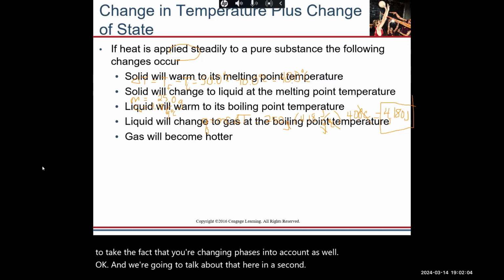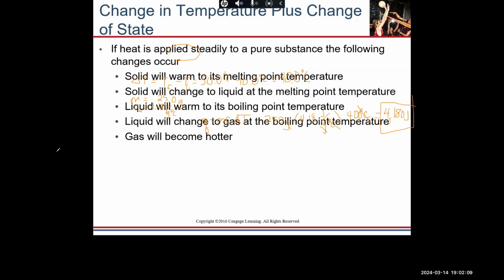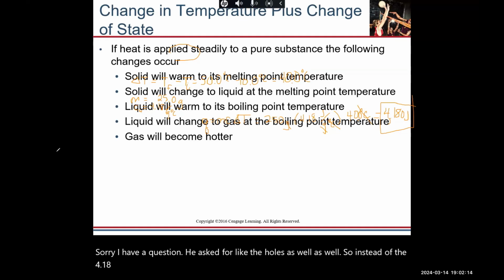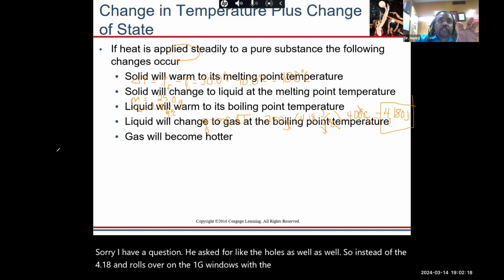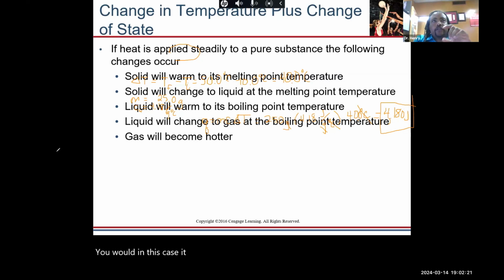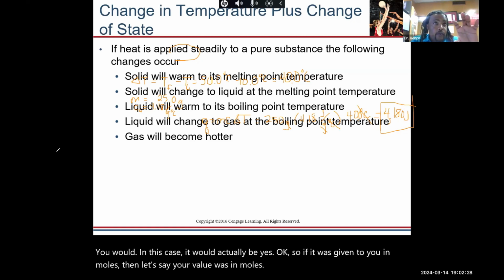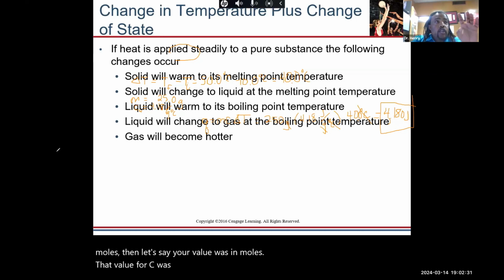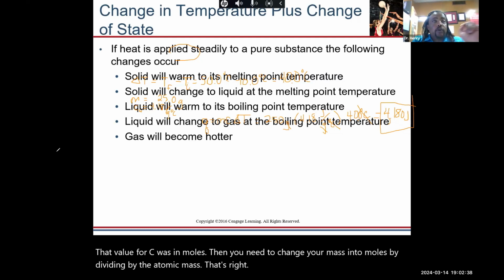Sorry, I had a question. For this one, it could be asked in moles as well. So instead of the 4.18 joules over 1 gram, we'd use the atomic mass? Yes. If the value for C was given in moles, then you need to change your mass into moles by dividing by the atomic mass, just like we did earlier.